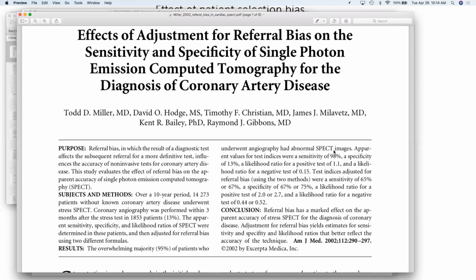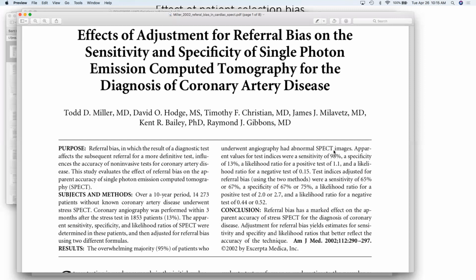You now have a group of patients that you've performed your SPECT imaging on, you want to evaluate its sensitivity, and you only have the truth data in this group, right? And that group, it turns out that most of them had disease, right? So at this point, the study is kind of broken, right?